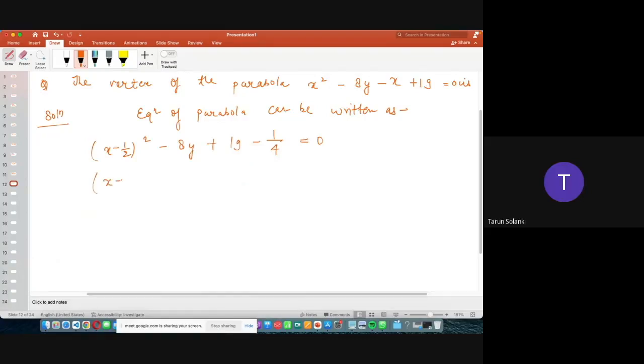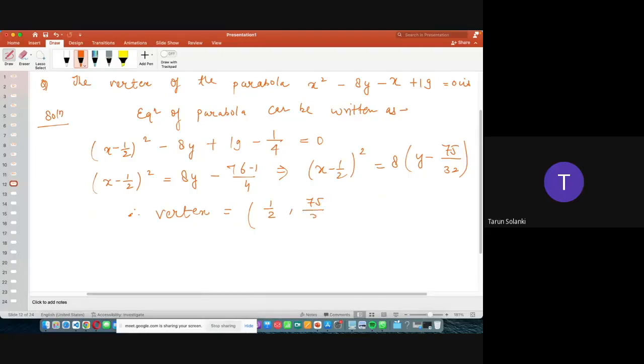So again, (x minus 1/2) square will become 8y minus 76 minus 1/4, so that you can write it as (x minus 1/2) whole square equals 8, taking common, (y minus 75/32), right? So your vertex will become (1/2, 75/32). This is your vertex.